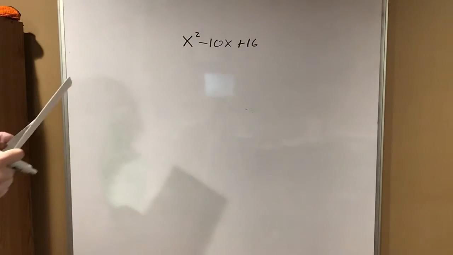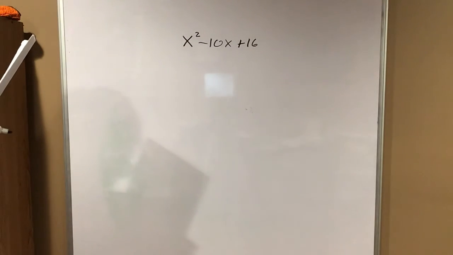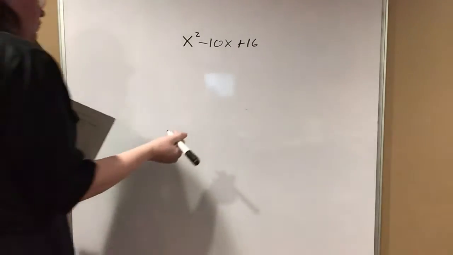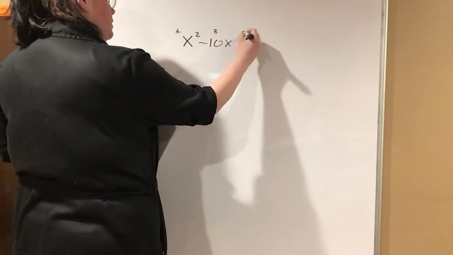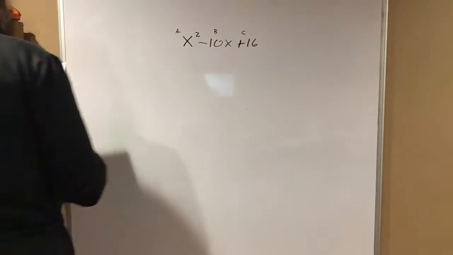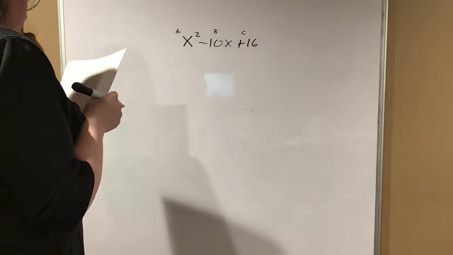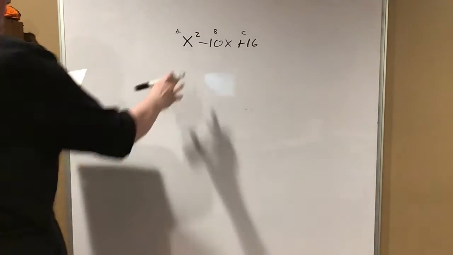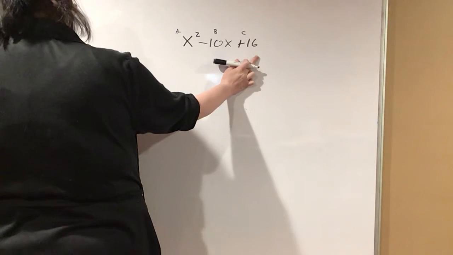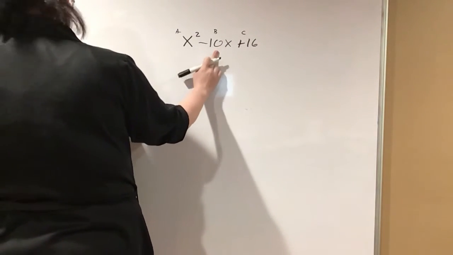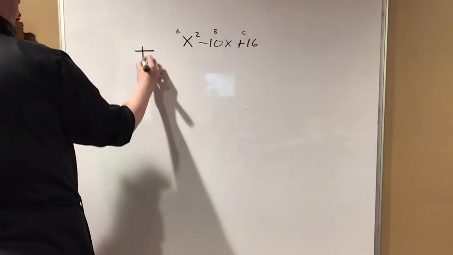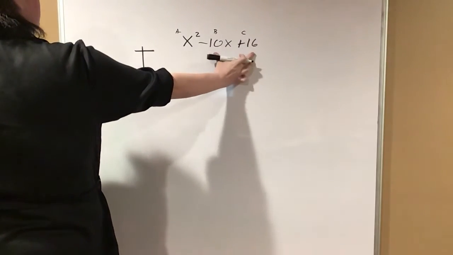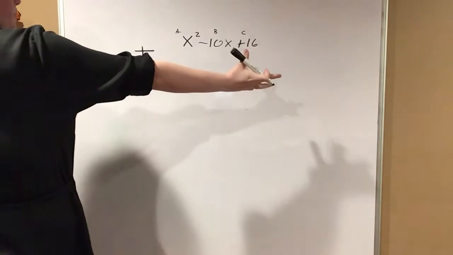Okay, the way we do it, this is term A, term B, term C. What we have to do is multiply A and C together, then it has to add up to get to B. So I like to make a little t-chart over here of all my factors of A and C multiplied together.